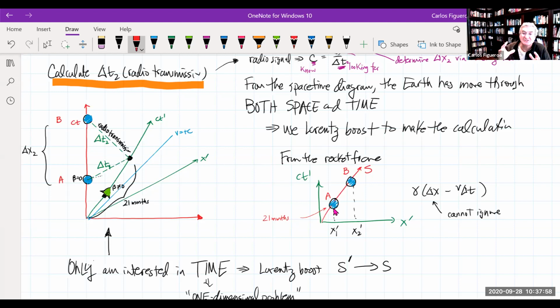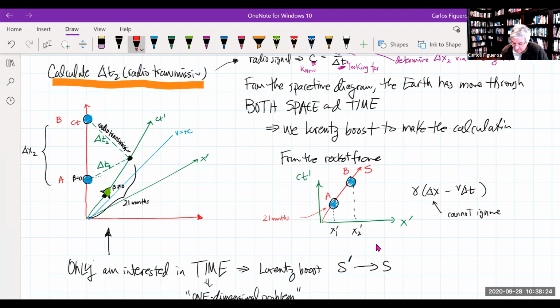Right? The Earth is not stationary. And in all the other problems, the Earth was stationary. Here, the Earth continues to move relative to the rocket. So as it moves relative to the rocket, you have to account for that change in period for the Earth, from the rocket frame to where the Earth has changed.